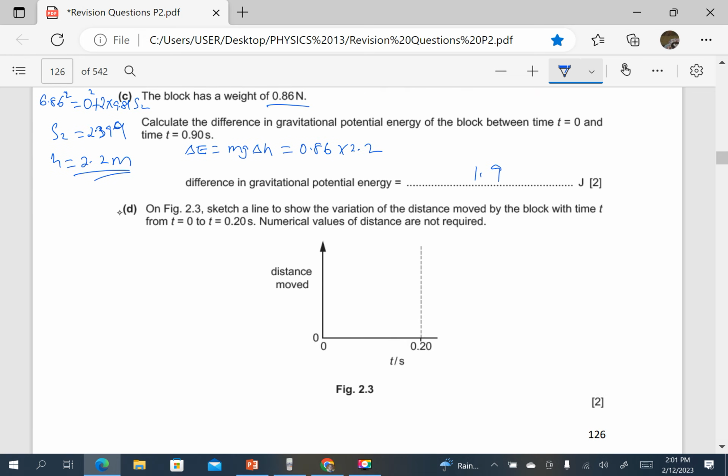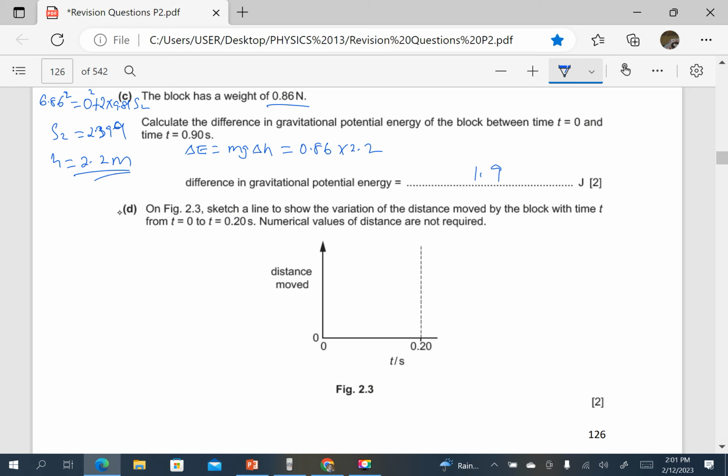On the figure, sketch a line to show variation of distance moved by the block with the time t from t equals 0 to t equals 0.6. Numerical values of distance are not required. So we notice that the speed is decreasing. How do we show that? By making the graph of distance have a decreasing gradient.